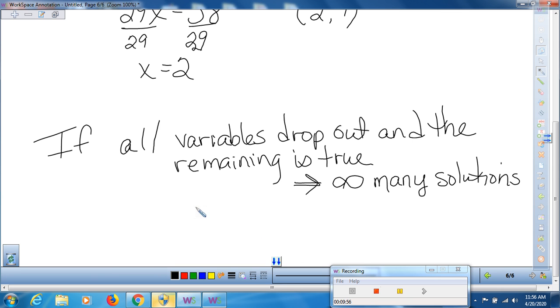If the remaining is not true, then the solution in this case would be that there is no solution.